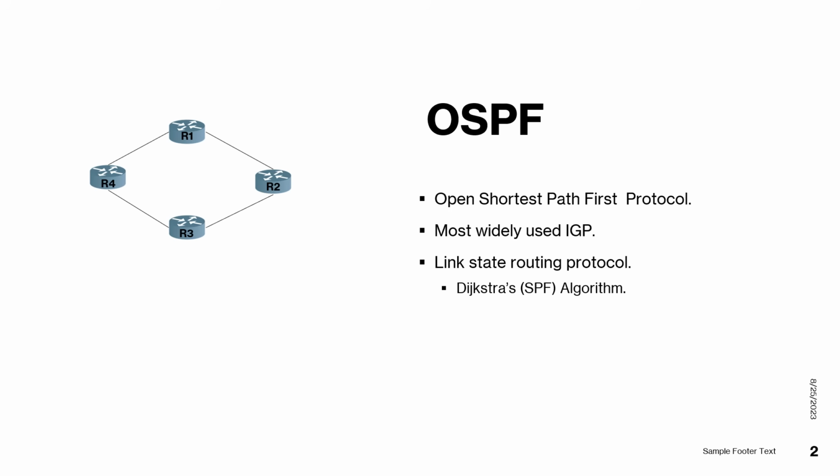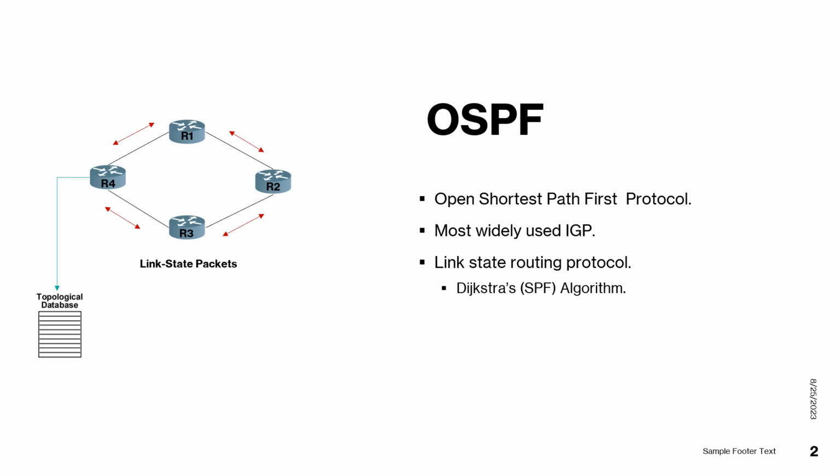Here, each router establishes a neighbor relationship with every adjacent router. After neighbors are formed, each router sends out link state packets between each other. Each router, after sharing the link state packets, will store a copy of all those packets in a topological database. The database on all the routers should be identical. That is the main key concept of OSPF or link state protocols.